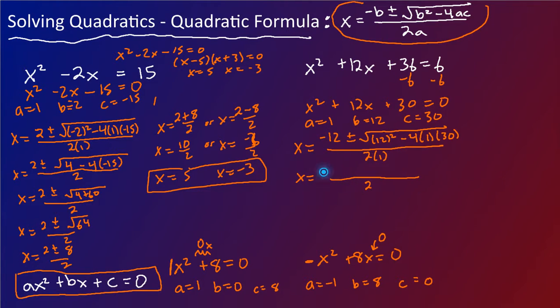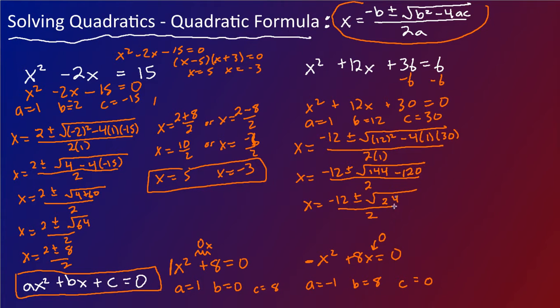Sometimes, sometimes not. So I have negative 12 plus or minus the square root. Now 12 squared is 144, and if I multiply that out, I get minus 120. So on the inside, I get negative 12 plus or minus the square root of, if I subtract that, 24, all over 2.